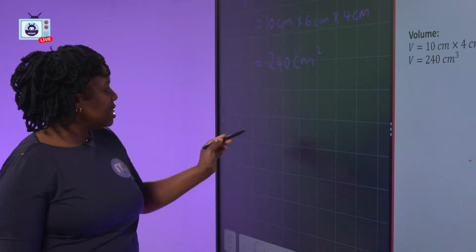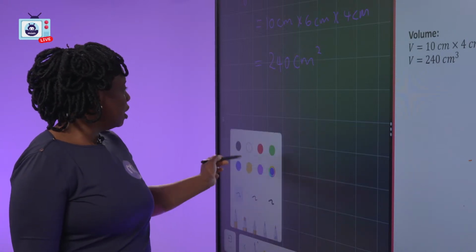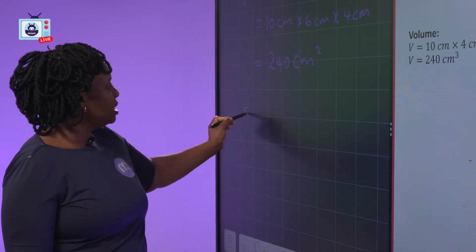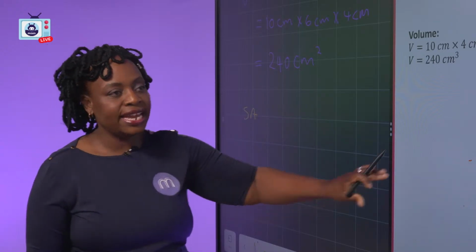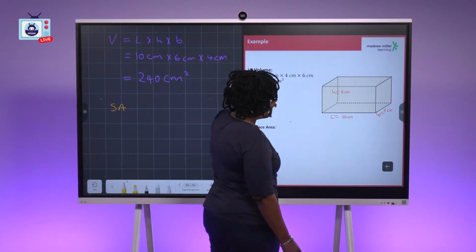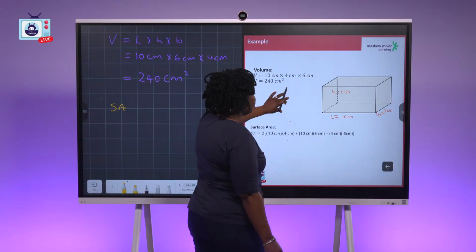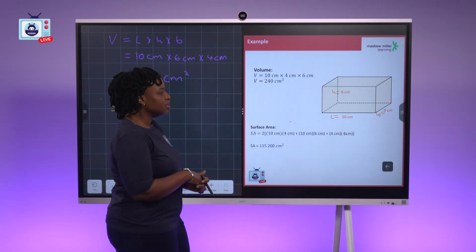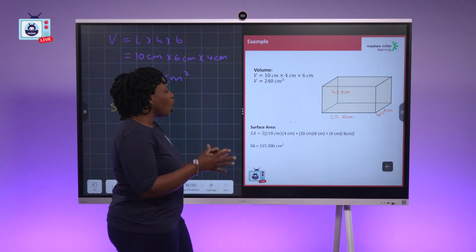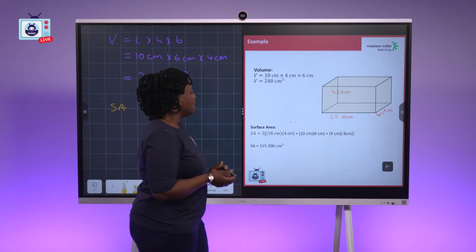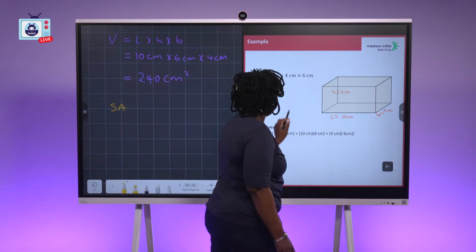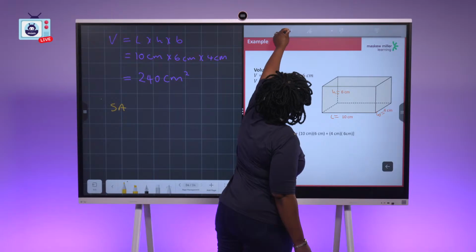As well as the surface area. If I were finding surface area, I would have to do a similar thing. To calculate the surface area, remember that we said you add all the areas that we have until you get the total.